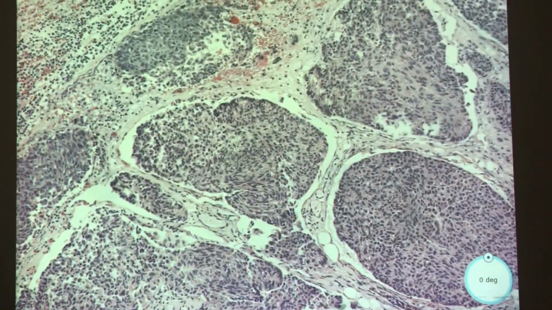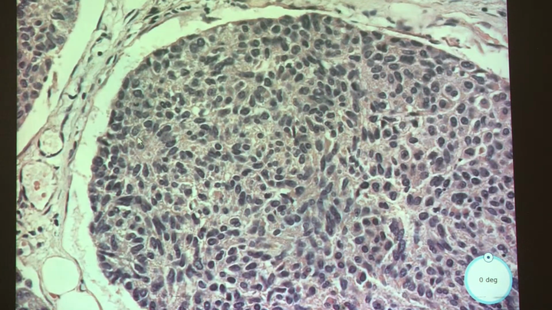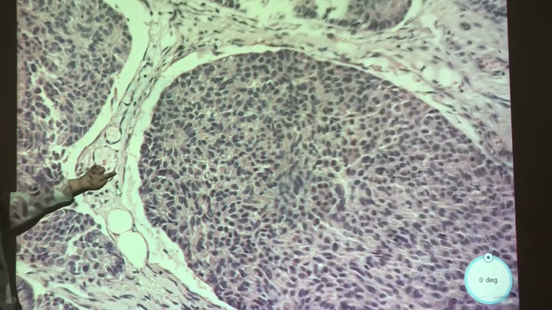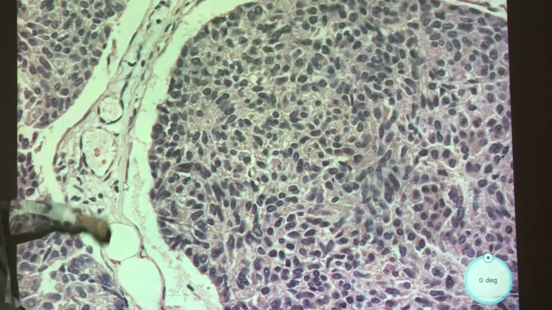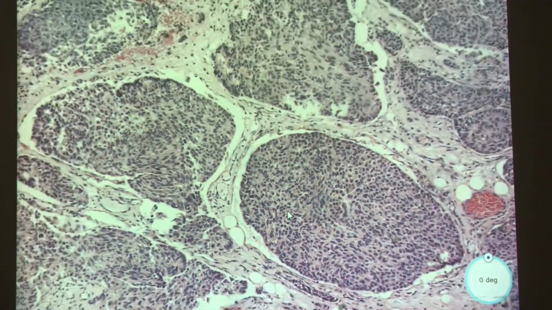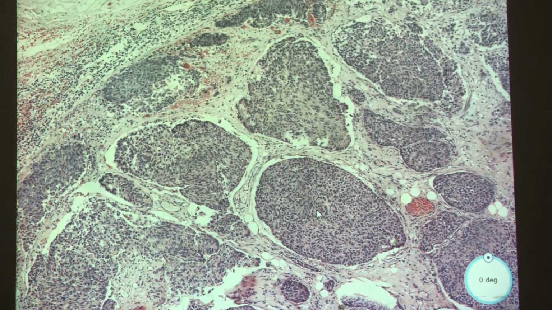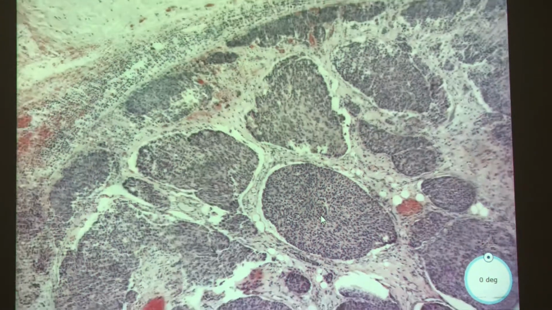Can't really tell if there's a myoepithelial layer. There are some retraction artifacts, but those are myoepithelial cells, so assuming they're all the same, we're still at DCIS for this one.